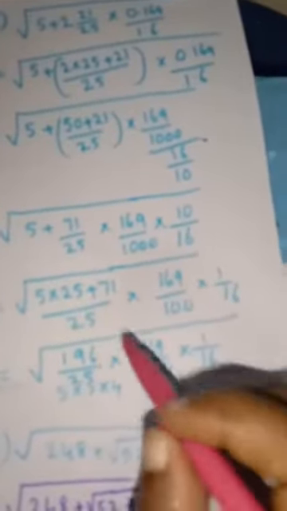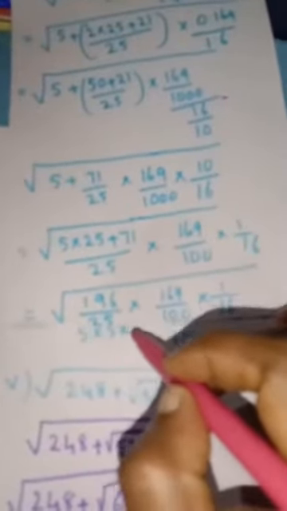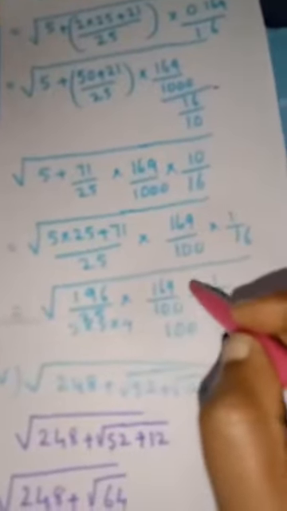What is 5 into 25? 5 into 25 is 125. 125 plus 71, 196. So 196 by 25 into 169 by 1000 into 1 by 16, which is equal to root of 196 by 25.